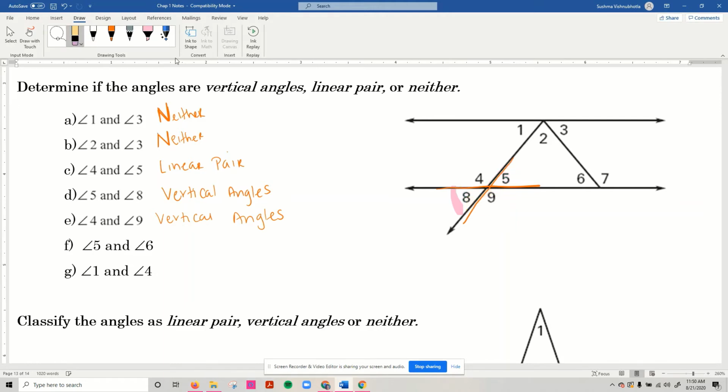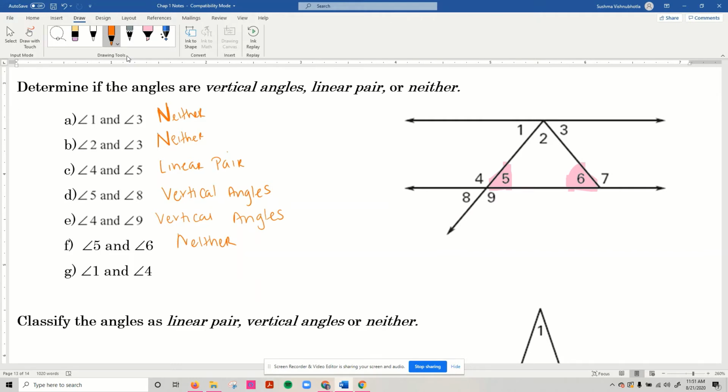Okay. 5 and 6, neither. Okay, they're not opposite. Well, you can argue they are kind of across from each other, but again, they're not formed by the same two intersecting lines. And they're not adjacent, so they can't be a linear pair.